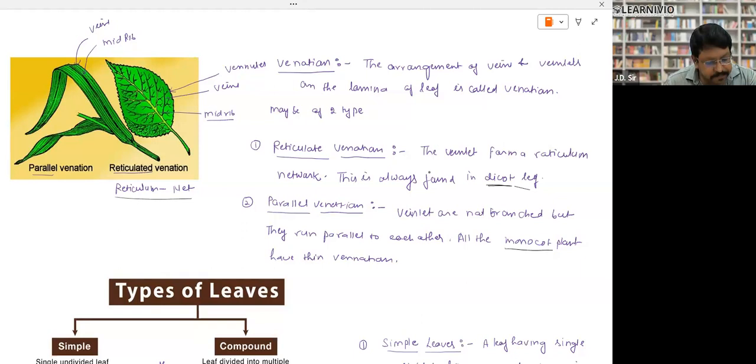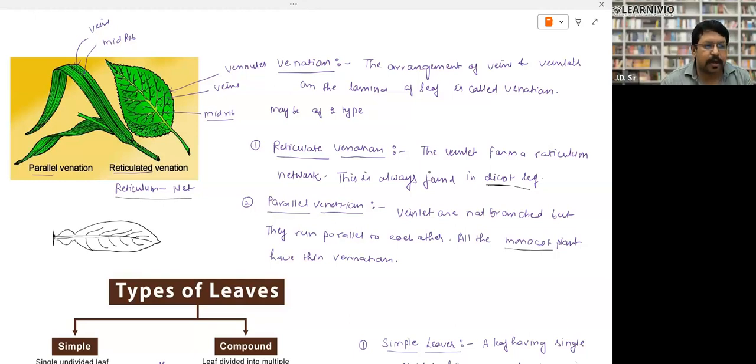This is the diagram. This is the leaf of citrus.